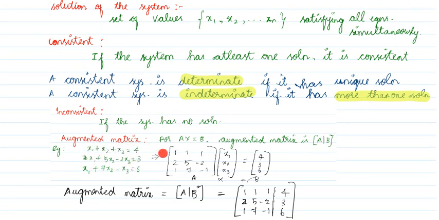I have written the A matrix, that is, the coefficients of x1, x2, x3: 1, 1, 1; 2, 5, minus 2; and 1, 7, minus 1. Into x1, x2, x3 equal to 4, 3 and 6. This is the A matrix and this is the B matrix. Just club them together and write them as a single matrix. Then that is the augmented matrix. Augmented is nothing but clubbing together.